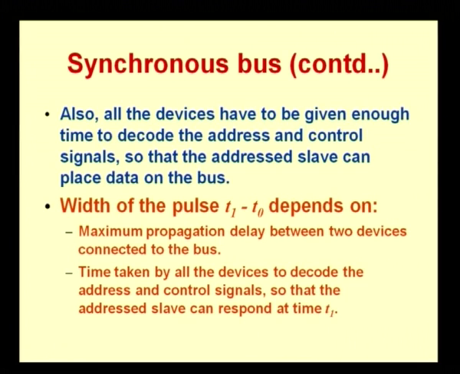So this time includes the propagation delay for the signal placed by the master to go to all the slaves, and then the time each of the devices takes to decode the address and control signals and respond at time t1.